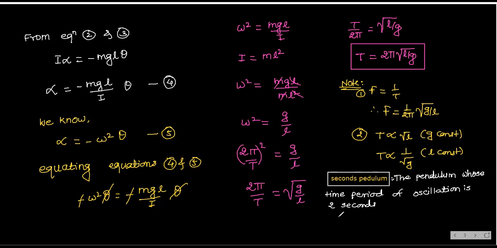Okay, so therefore T is equal to 2 seconds, or even you can write like this, 2 pi under root L by G is equal to 2.